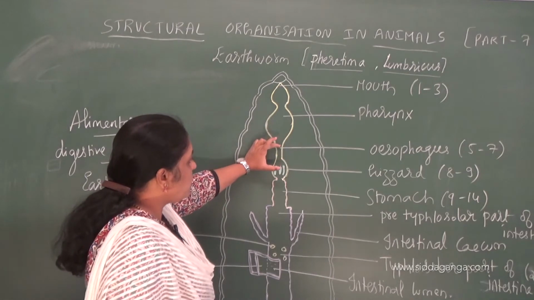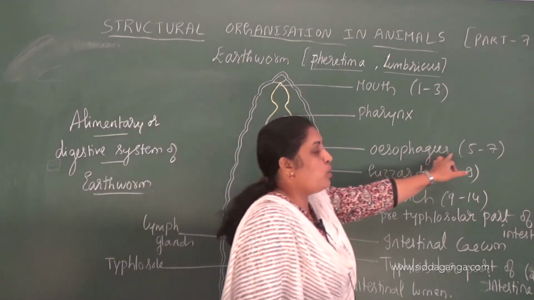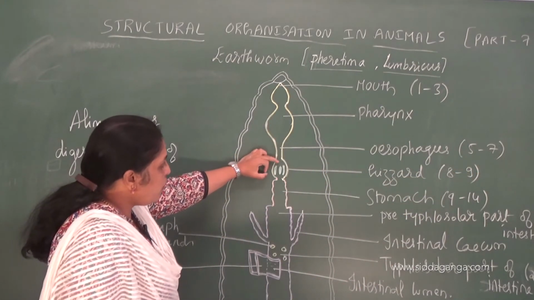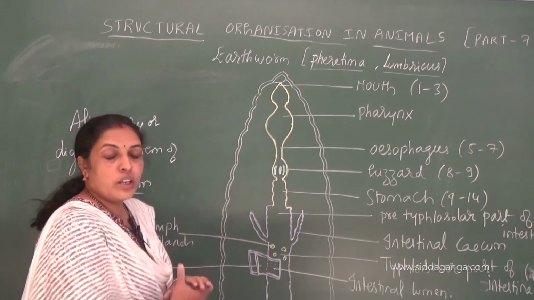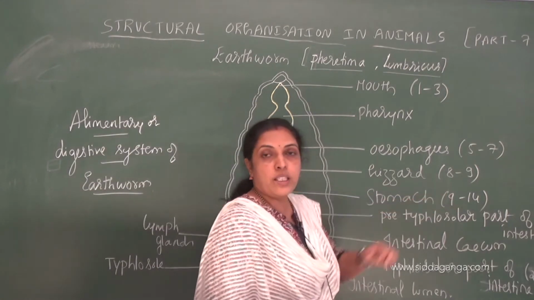Next to the pharynx we see a tubular structure called the esophagus between the 5th to 7th segment, and at the end of the esophagus we see a structure called the gizzard between the 8th to 9th segment.